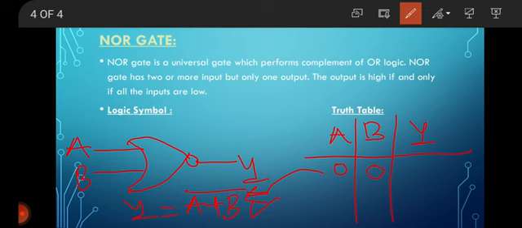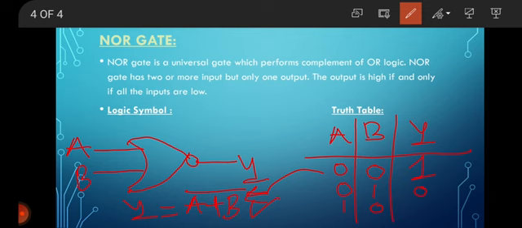So we can get 0 plus 0 equals to 0 and complement of 0 is 1. Then apply 0 to the A, 1 to the B. Then 0 plus 1 equals to 1 and complement of 1 is nothing but 0. Then apply 1 to the A and 0 to the B.